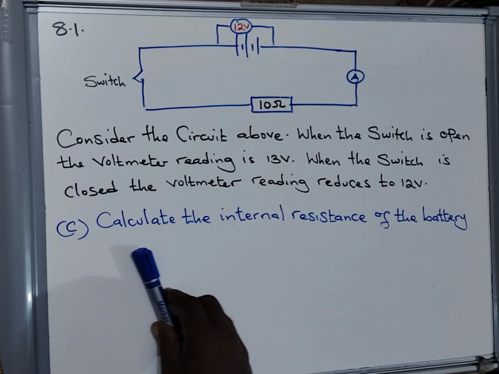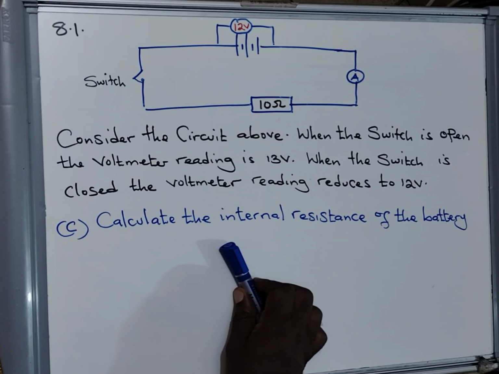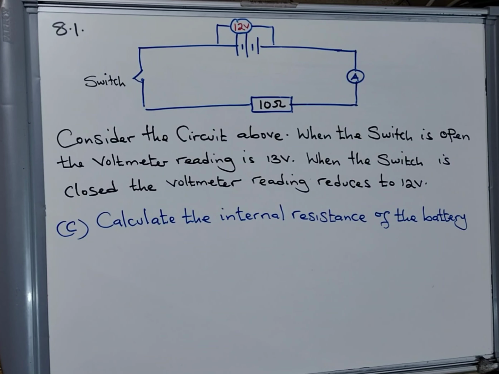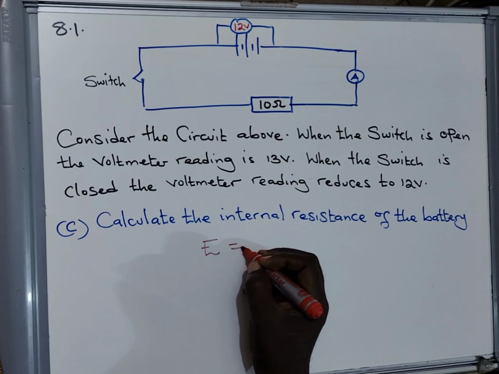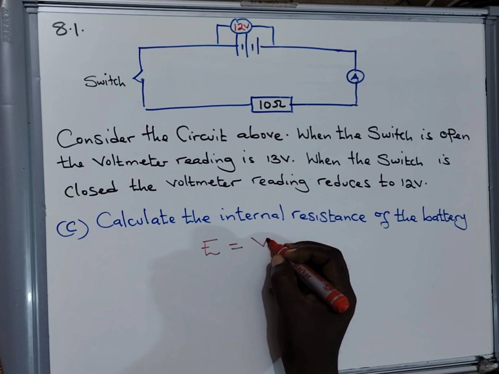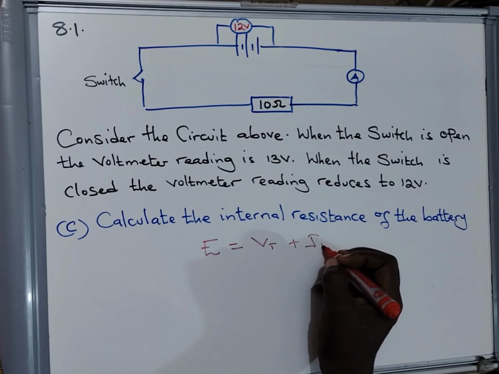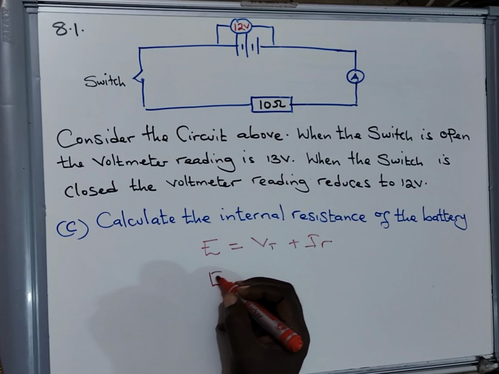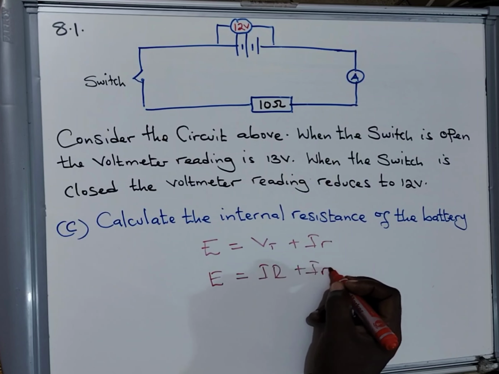Then comes this question. It says, calculate the internal resistance of the battery. How do you go about that? We need to know that the relationship between EMF and the terminal voltage is EMF equals V terminal plus Ir, which you can also write as IR plus Ir.